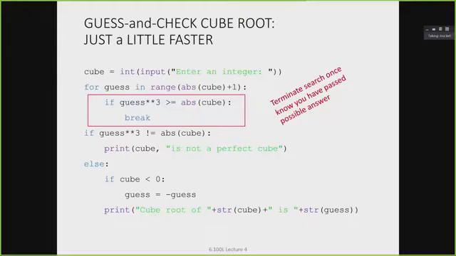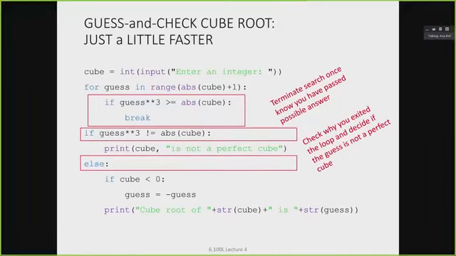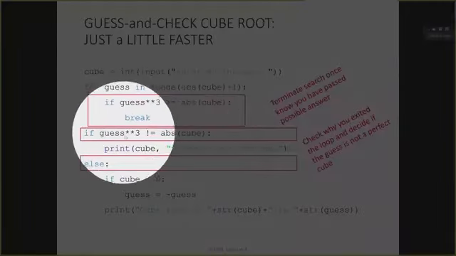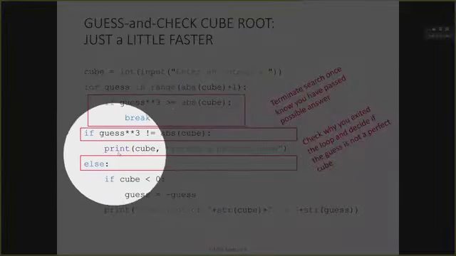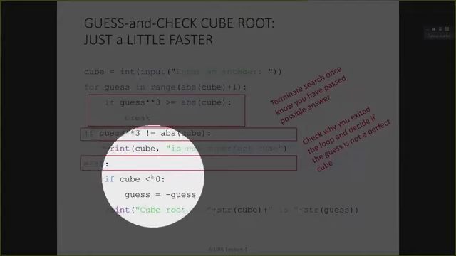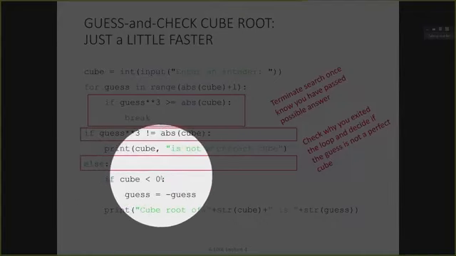Okay? One is we exited because the guess cubed was equal to the cube, or the guess cubed was greater than the cube. And so then we have a little if-else conditional here that says if we exited because it's not equal, greater than, then it's not a perfect cube. And otherwise, we exited because it was equal to, which is the same code we had on the previous slide.